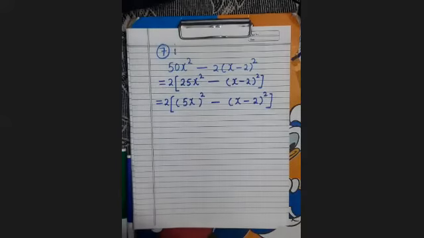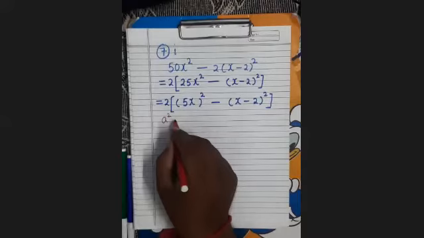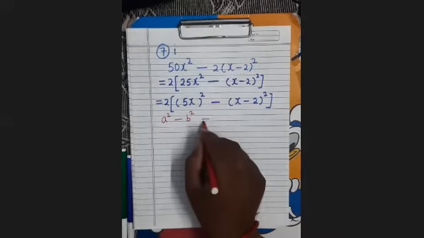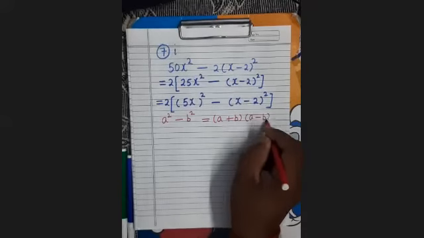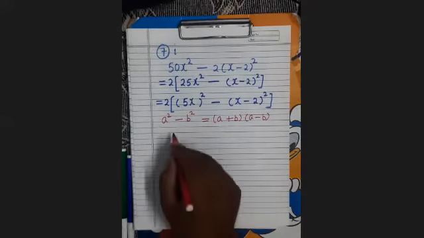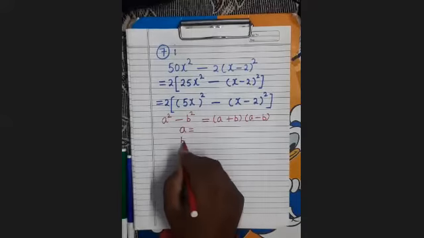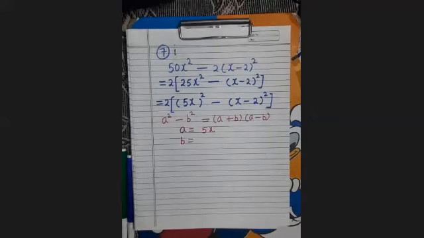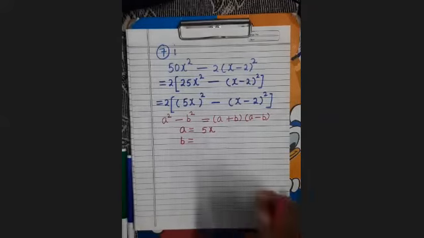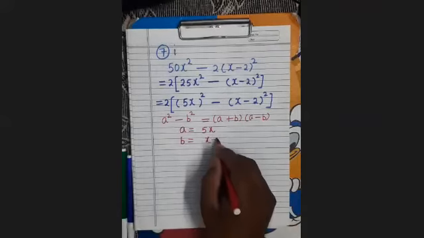So when you apply this formula, a square minus b square, in one bracket a plus b, in the other a minus b. What is in place of a here? 5x. What is in place of b?